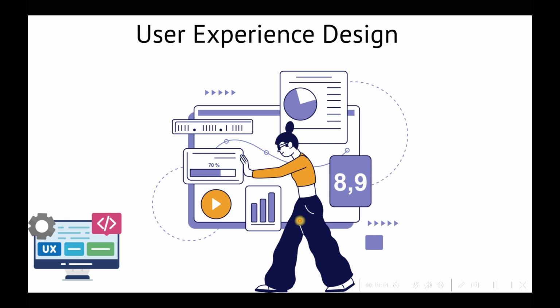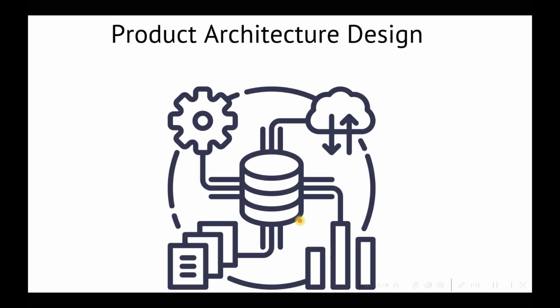Next is product architecture. While this is a job you will be doing together with technical people, here we are going to be self-sufficient and, with whatever knowledge we have, build a basic building block of our product: how multiple systems and components come together to deliver your product. There are some technical aspects required, which I will cover here, and you don't need any high-end degree to learn those things.